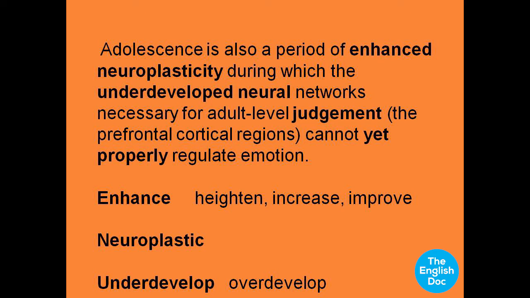Notice that neuroplastic is the adjective from neuroplasticity. Underdevelop is a verb, and the opposite is overdevelop. So, underdeveloped is also a verbal adjective in the expression, underdeveloped neural networks. Notice also the two adjectives, underdeveloped and neural, in front of networks.